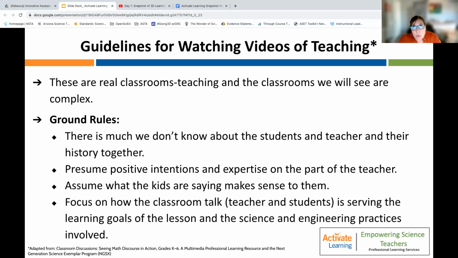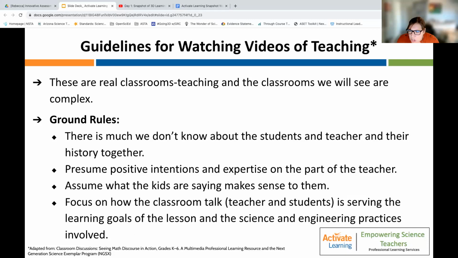So some ground rules for watching videos. It's really about having some guidelines for us. Assume that there are many things you don't know about the students, right? Sometimes we are super critical of what goes on in videos. So we're going to assume there are many things we don't know about the students, the classroom, and the teacher, including their shared history.